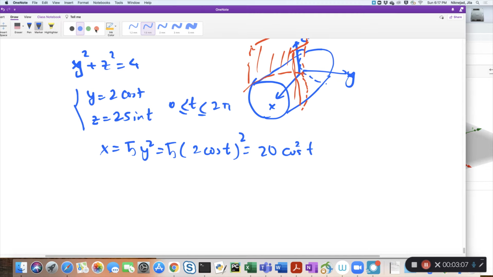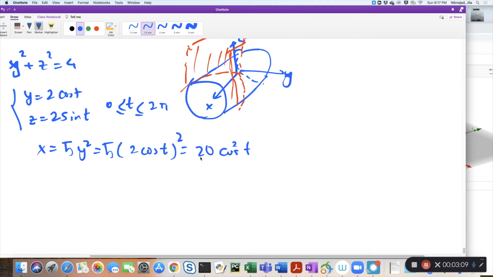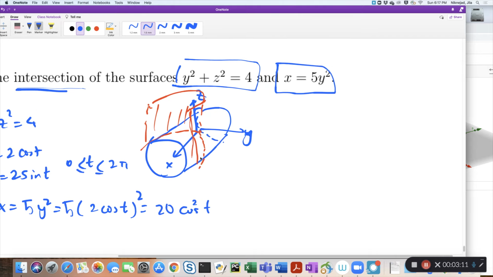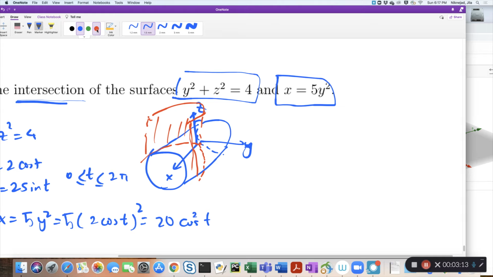So if I write this out nicely, x is 20 cosine squared t, y is 2 cosine of t, and z is 2 sine of t. And that's the parameterization R of t.